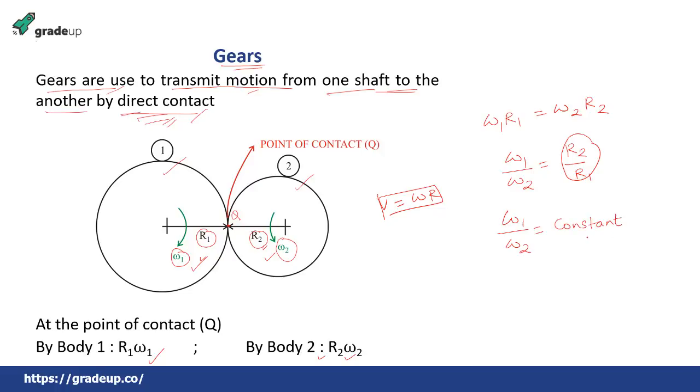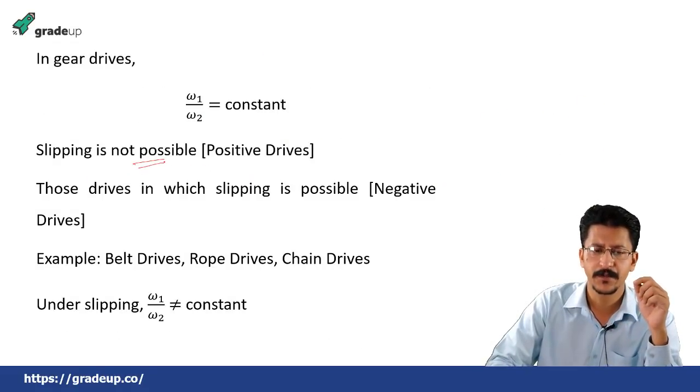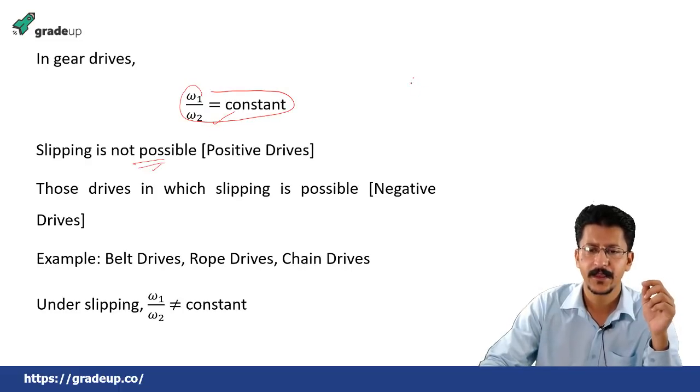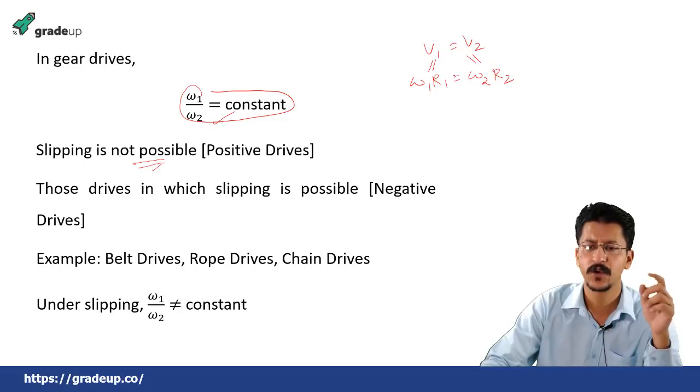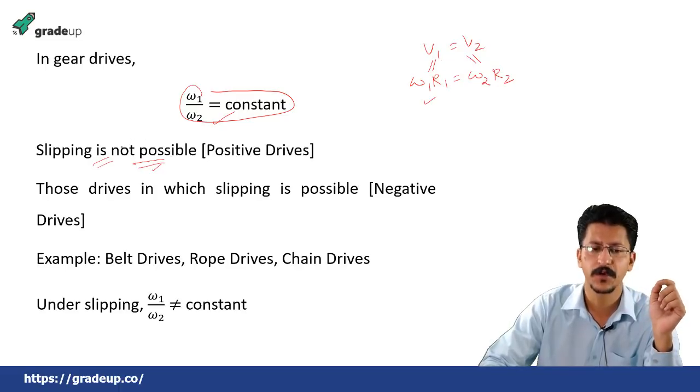That means that slipping is not possible, because we have arrived at this by omega 1 r1 equal to omega 2 r2, and v1 equal to v2, which is the case of pure rolling only. That means slipping is not possible.